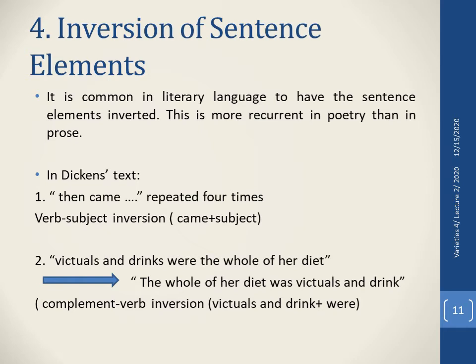So here we have a complement-verb inversion. We should have started with the verb first. So "the whole of her diet was victuals and drinks." We cannot say that this is ungrammatical, but this is simply inversion of sentence elements in literary texts, which are commonplace in most of literary work.